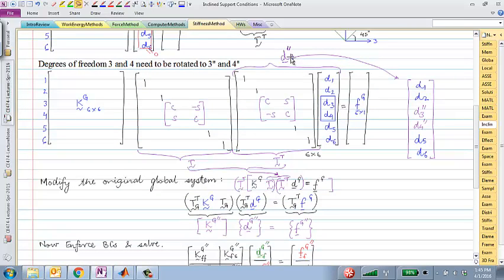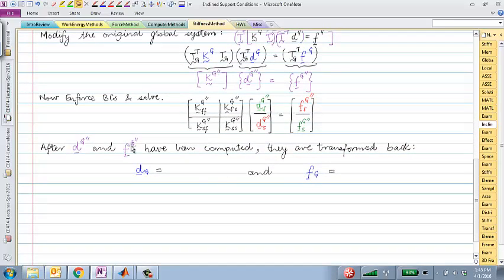Let me ask you that, Joey, first. How did we convert this D to this D double prime? By pre-multiplying with T transpose, correct? So how do I convert D double prime back to D global?